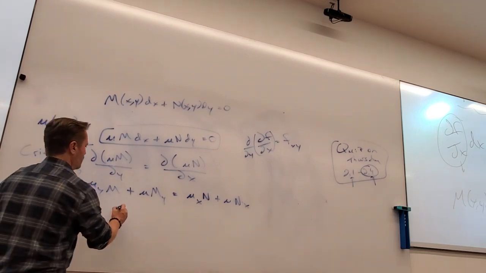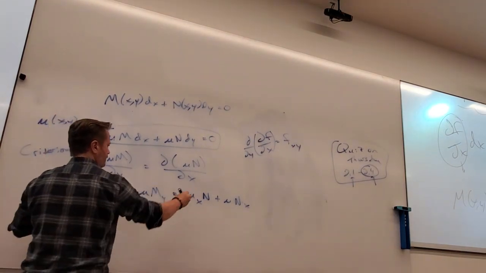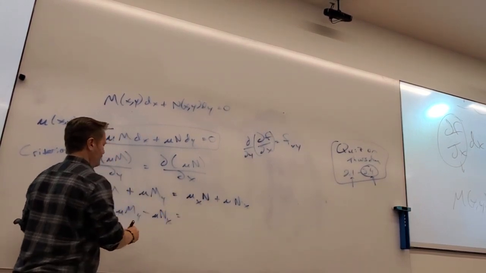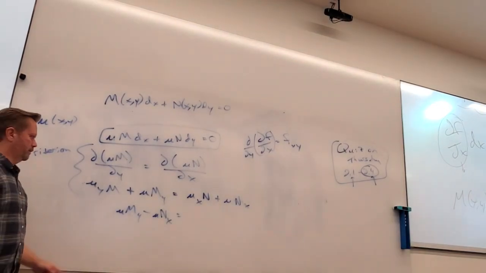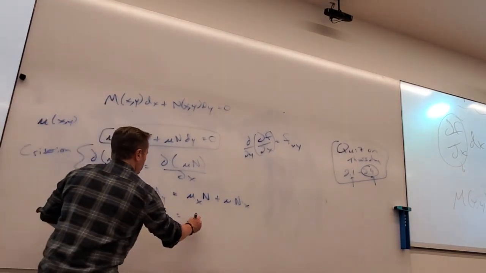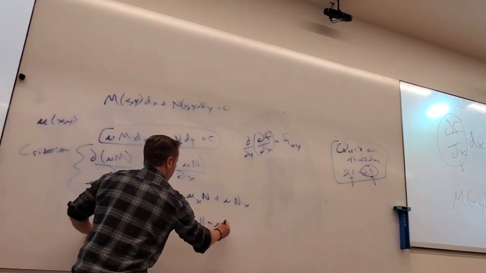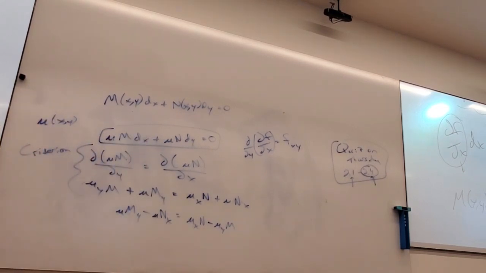So let's see. Mu m y minus mu x equals mu x n minus mu.